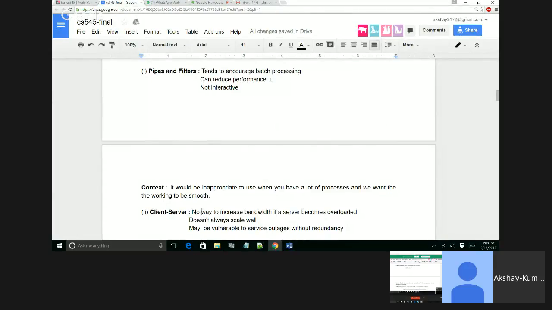Okay, so I should explain a little bit more here, right? Yeah, because it's encouraging batch processing, so why is batch processing not good? You're right. But I think here in his context, he has explained that when a lot of processes are there, working needs to be smooth.